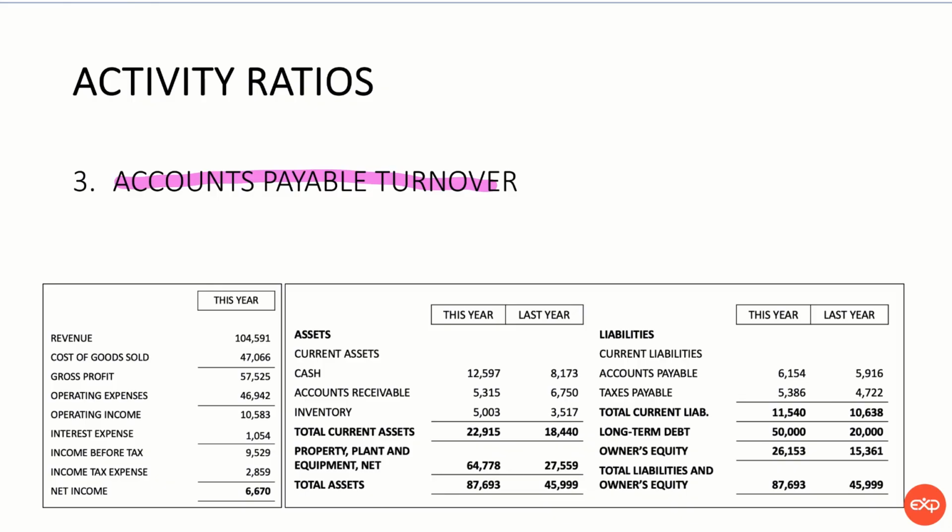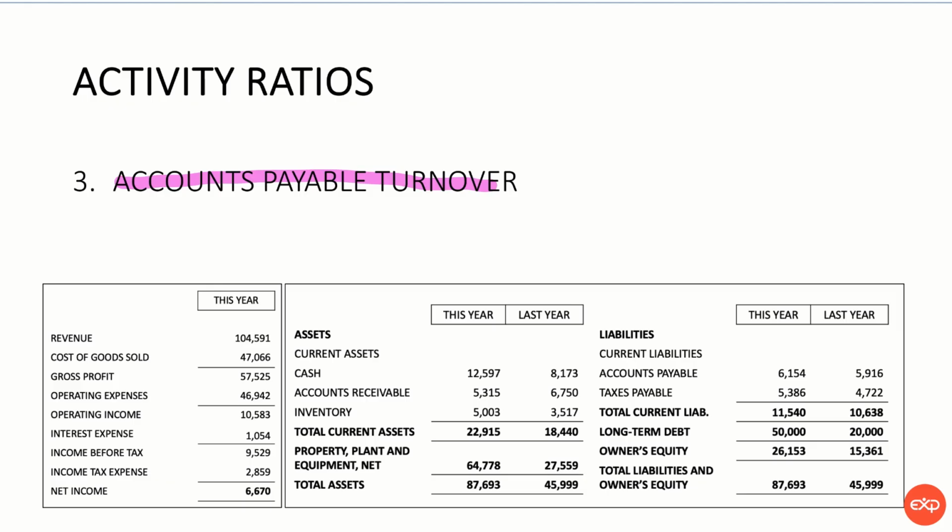A higher accounts payable turnover ratio indicates that the company is managing its payables effectively, because you are settling your obligations as fast or as frequently as you can. This is, of course, very important to work out because you want to know how you manage your cash flow, right? So let's have a look.